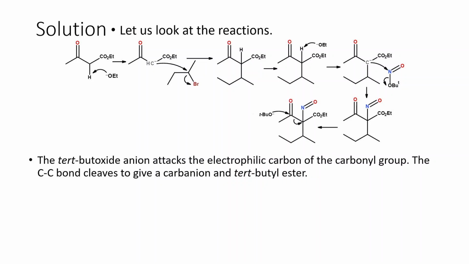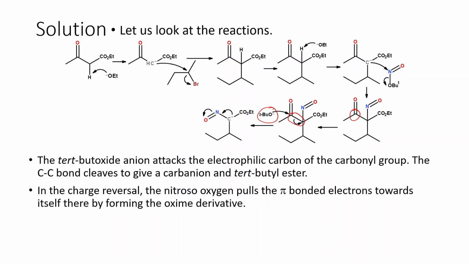And in the next step, what happens is the liberated tertiary butoxide group now attacks the electrophilic carbonyl carbon. So this is how the reaction actually proceeds. So the liberated tertiary butoxide attacks the electrophilic carbonyl carbon, and during this process, the carbon-carbon bond is actually broken from the tetrahedral intermediate. So we end up with a couple of products.